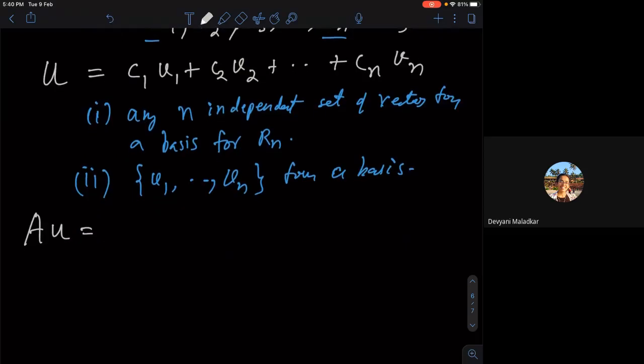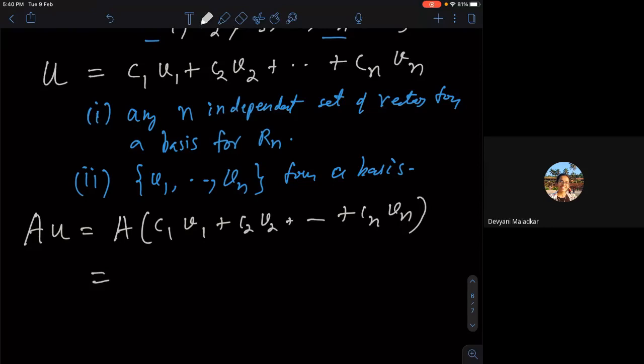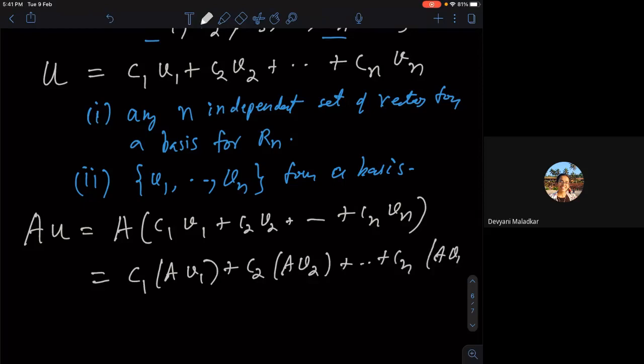Yeah, so let me write that. This is A times C1 V1 plus C2 V2 plus up to Cn Vn, which is the same as, I can now take A inside this bracket. That's the main idea. And the constants I take to the other side. So it becomes C1 A V1 plus C2 A V2 plus up to Cn A Vn.